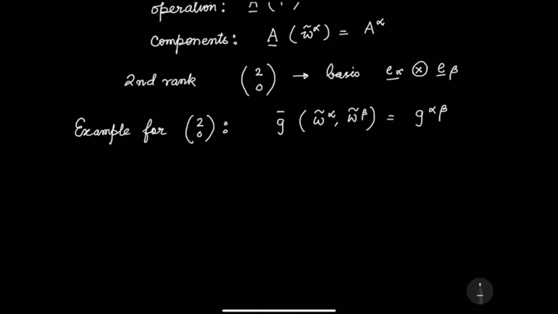And this G behaves like the metric, but now it has the form 2, 0 instead of 0, 2. So this G maps a one form to a vector.